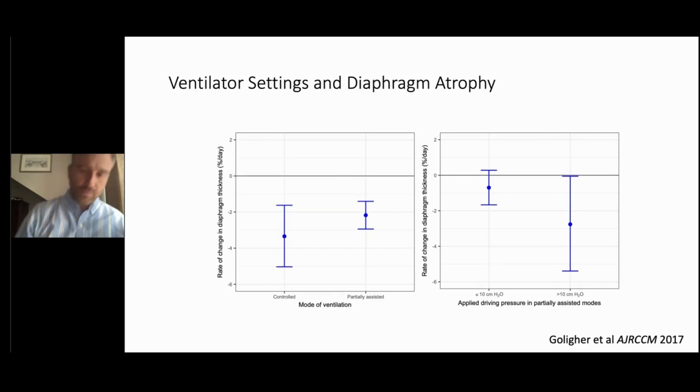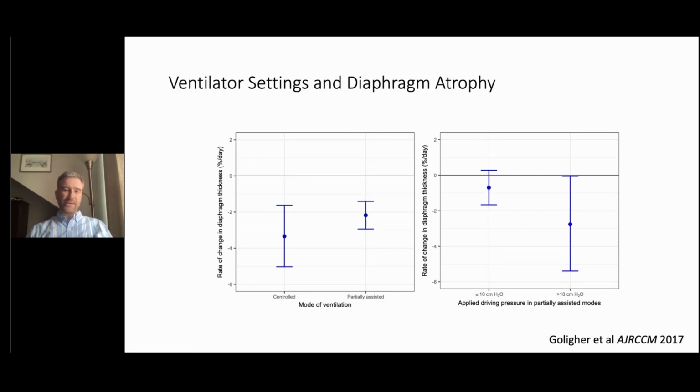That seems to be related to the way the pressure support is set. When pressure support is set with relatively high inspiratory pressures, the rate of loss of diaphragm thickness per day is higher, or more negative, than if there's a relatively lower inspiratory pressure.